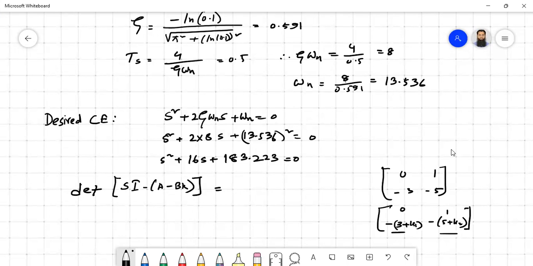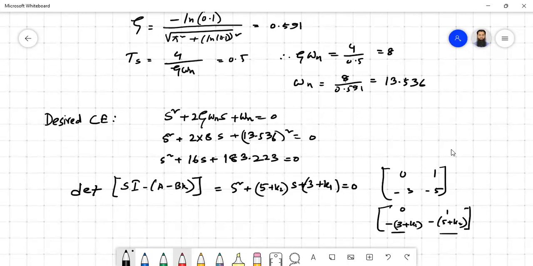Since it is in the phase variable form, we know that the coefficients will appear in the characteristic equation in the opposite order. So s square plus (5 plus K2) s plus (3 plus K1). This should be the characteristic equation.